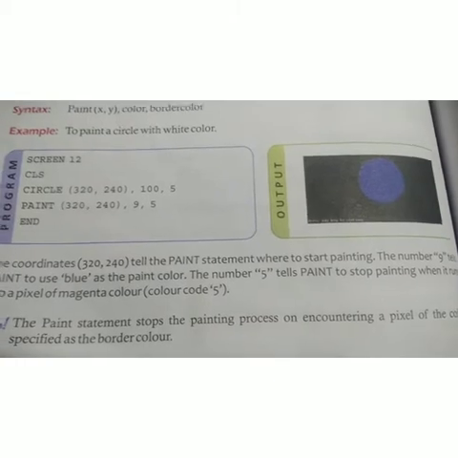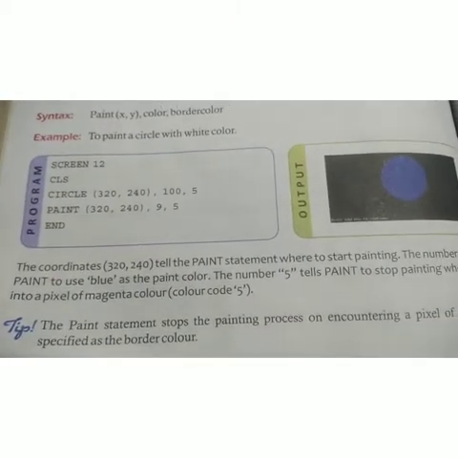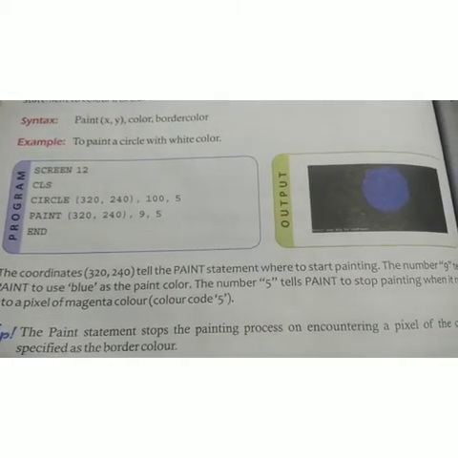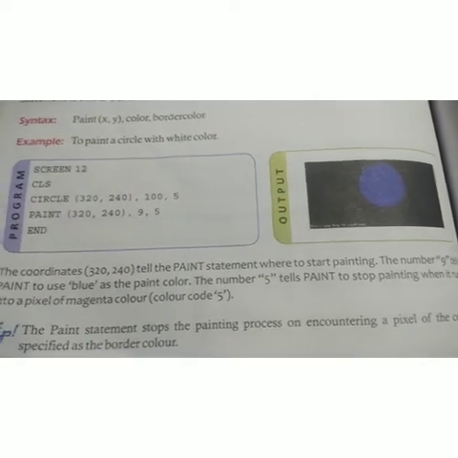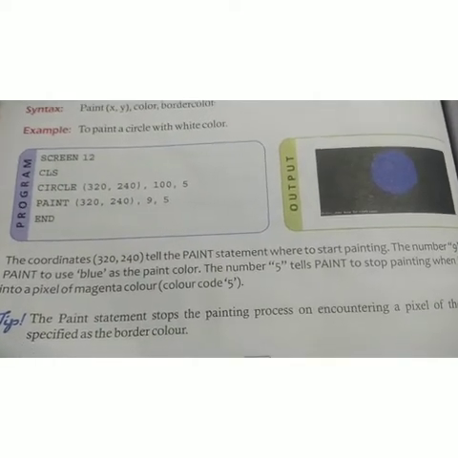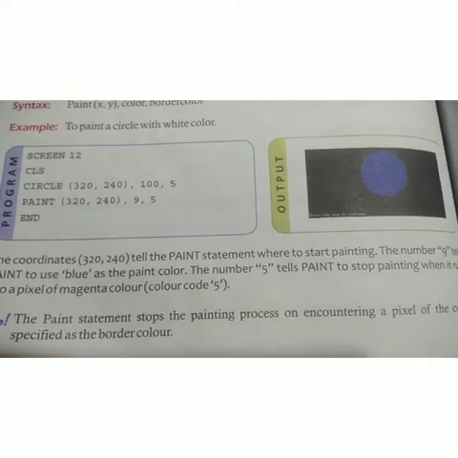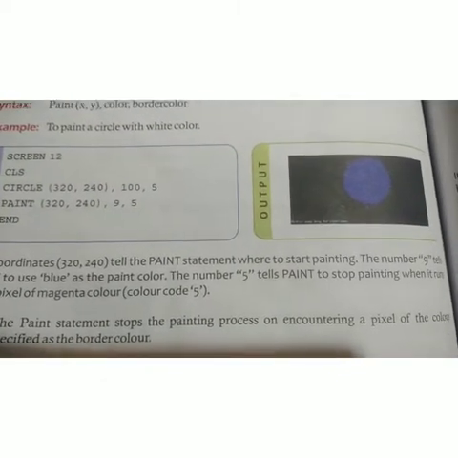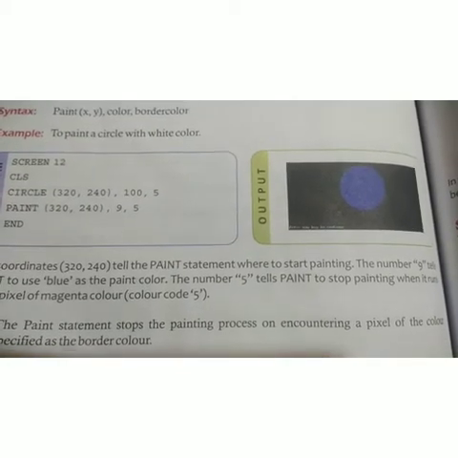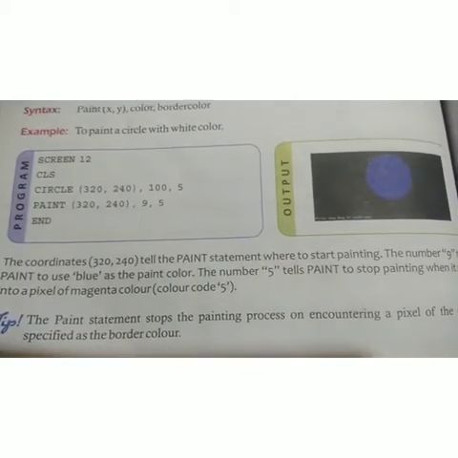The number 9 tells PAINT to use blue as the paint color. The number 5 tells PAINT to stop painting when it runs into a pixel of magenta color, color code 5. Tip: the PAINT statement stops the painting process on encountering a pixel of the color specified as the border color.